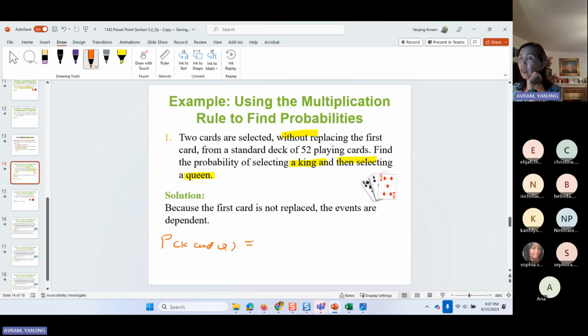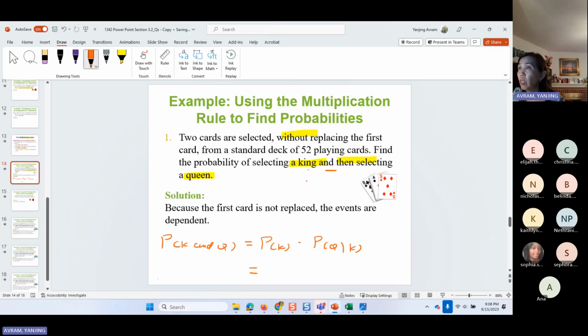According to this, this is the probability of the king times the probability of the queen, given the king is already out. So that is the "and."